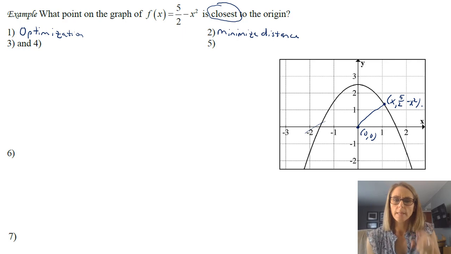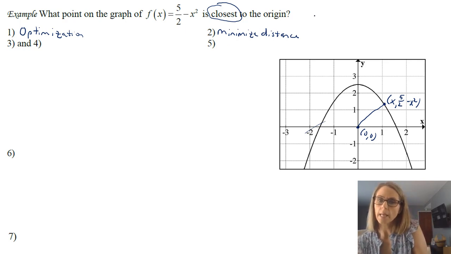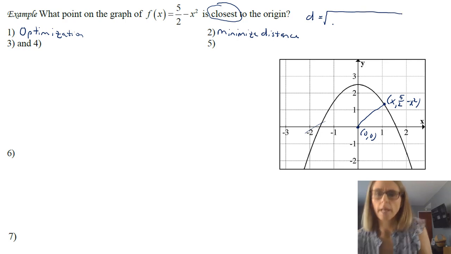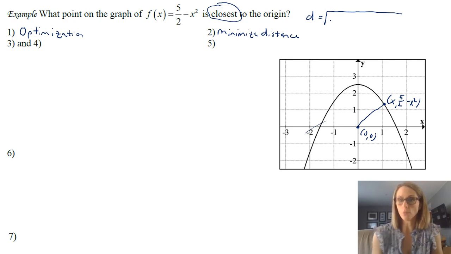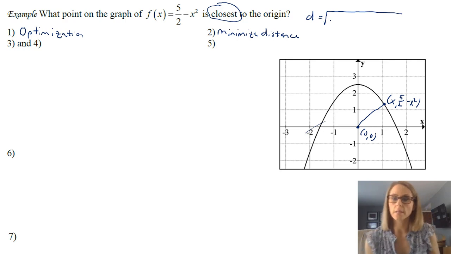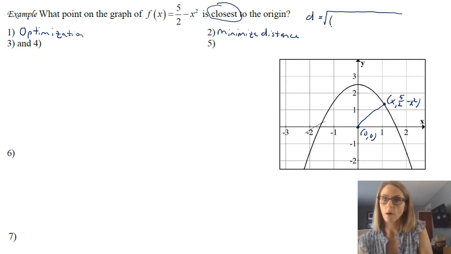So minimizing distance, this is going to take you back to pre-calculus or maybe even an algebra course where you talked about the distance between 2 points, because that's what we're trying to minimize. That is a formula that comes from the Pythagorean theorem, because you could create a right triangle here.